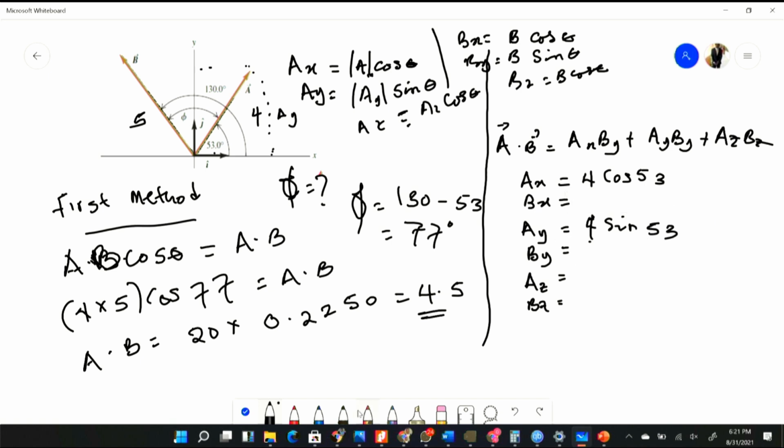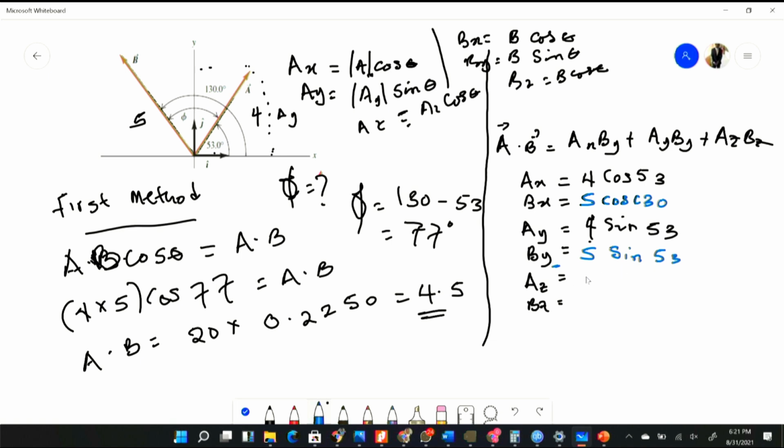And also for my B, given in the question is 5, and the angle for cos theta here is 130, which is the angle it makes with the x-axis. So I have 5 cos 130. And this is also 5, but this time around it is sine of the angle because it's along the y-axis.